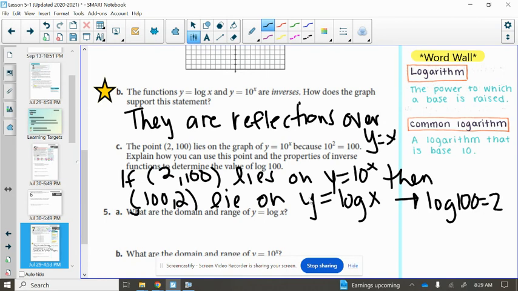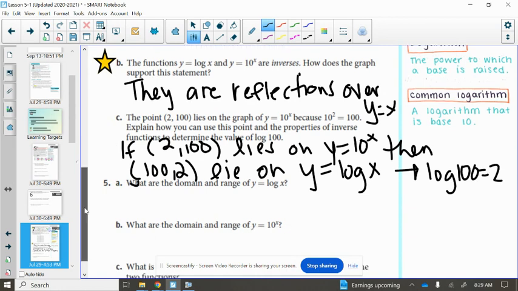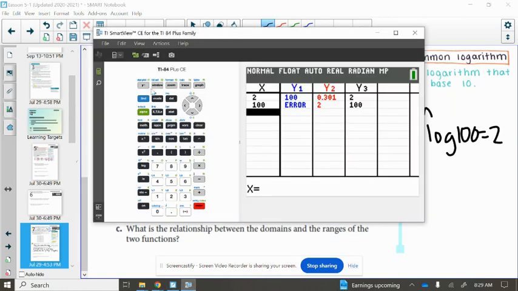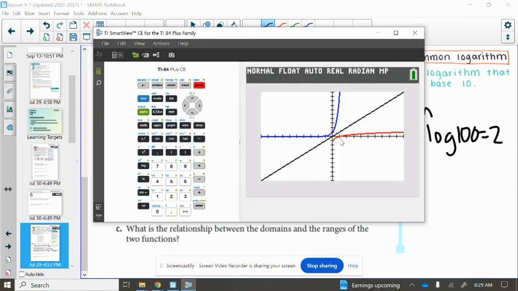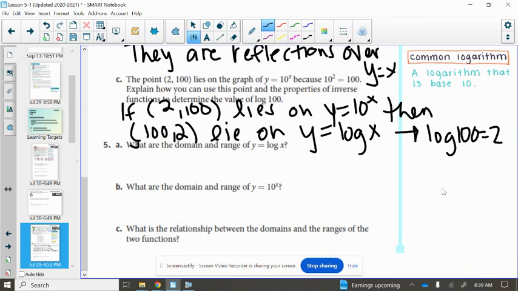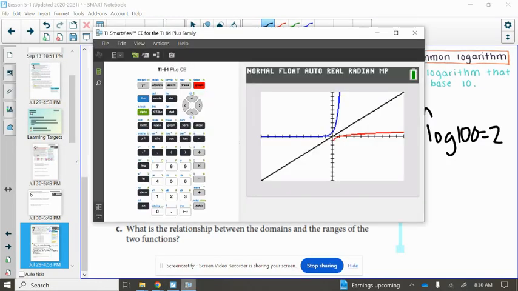Now our domain for our log graph, if we go back to our graph here, is that basically anything smaller than 0, including 0, is not going to work out. It's only going to be x values that are bigger than 0 that are going to give us an output value. But officially for our range, it doesn't look like it initially, but it's actually going towards negative infinity.